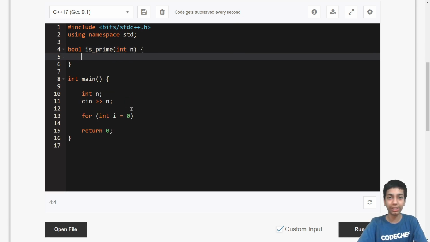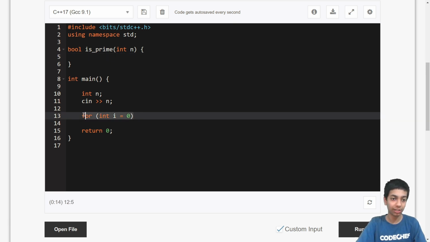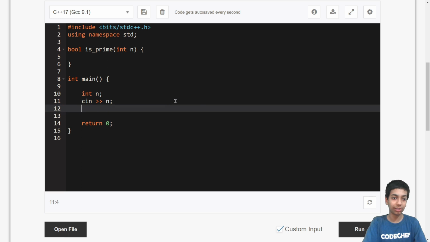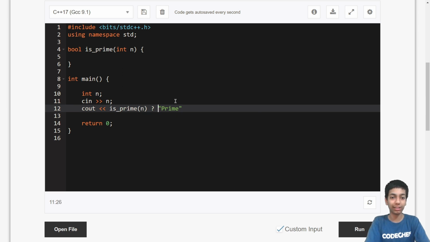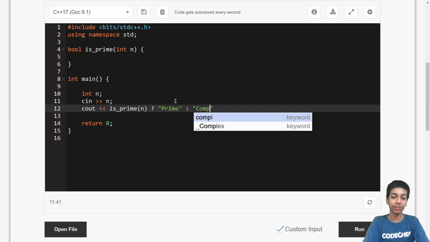It will return true if it's prime and false if it's composite. So let's move our logic from here and simply output prime if isPrime(n), otherwise composite.